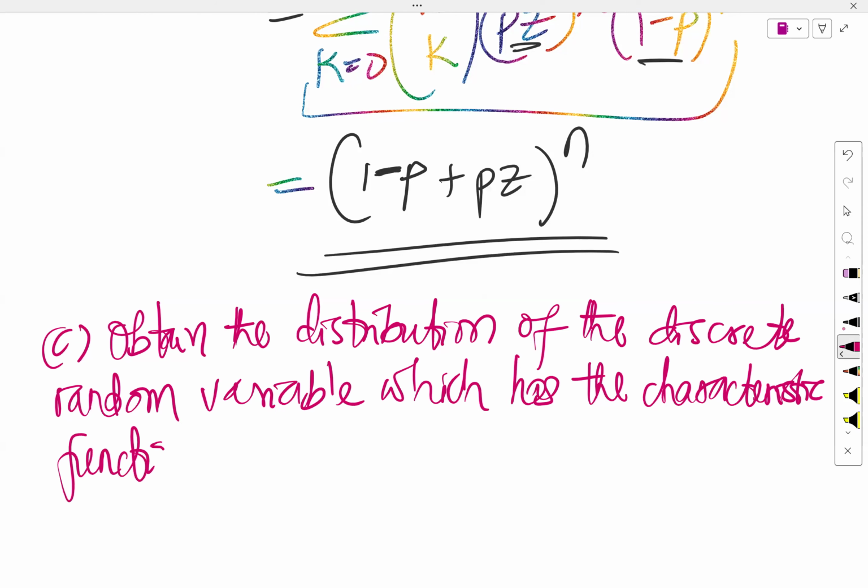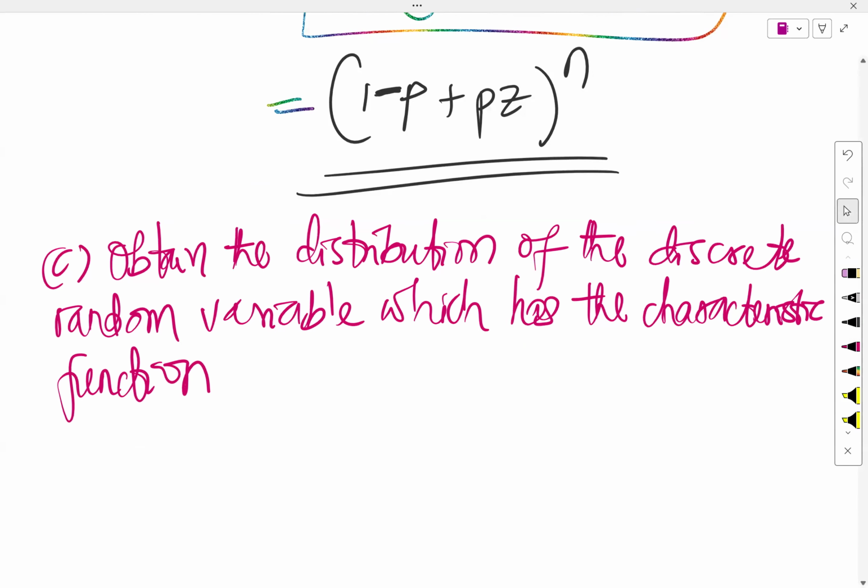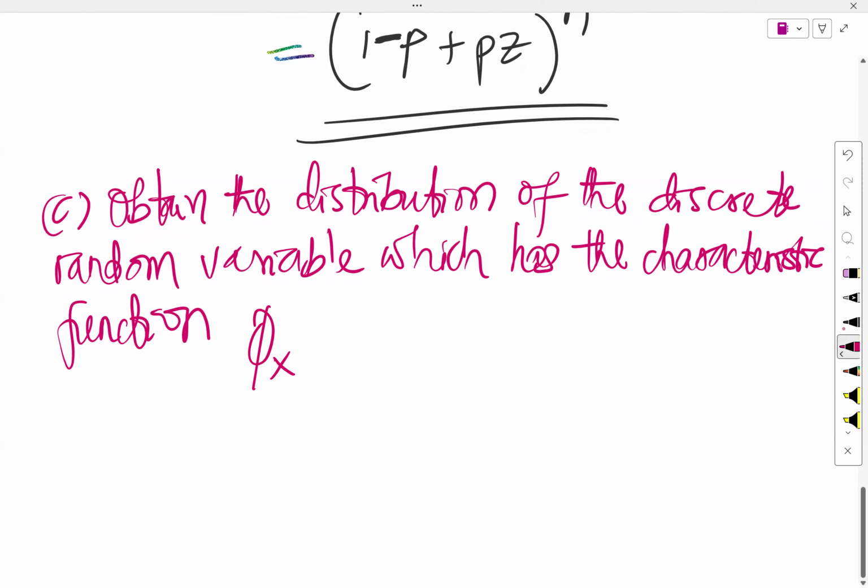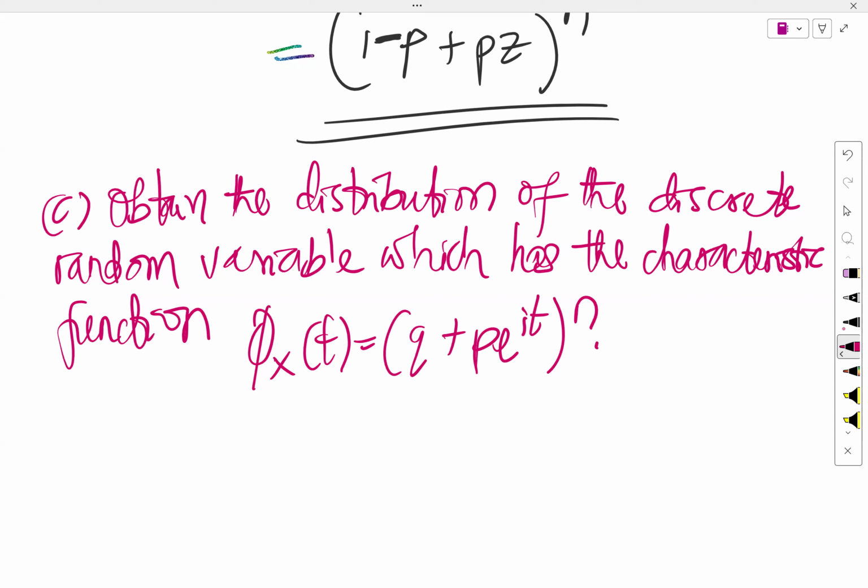So we have a special characteristic function defined here. That is phi of x of t equals (q plus p e raised to power it) all raised to power n. So that is the question here, the question C.